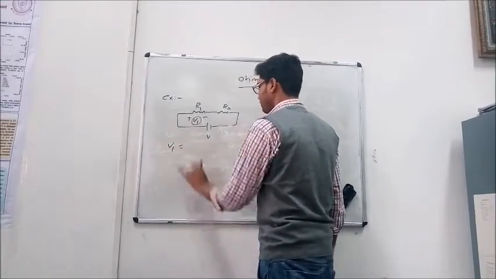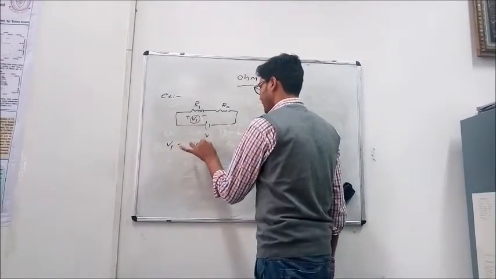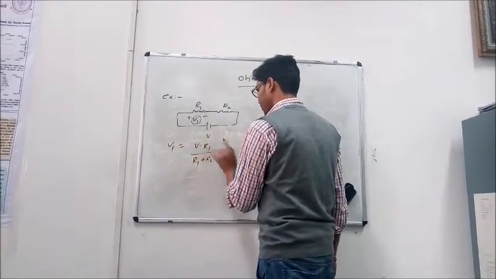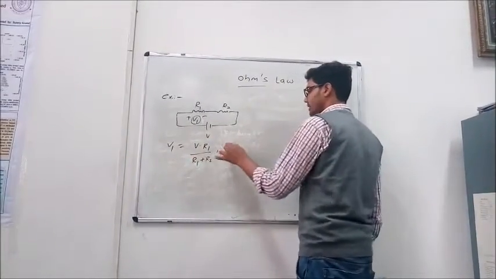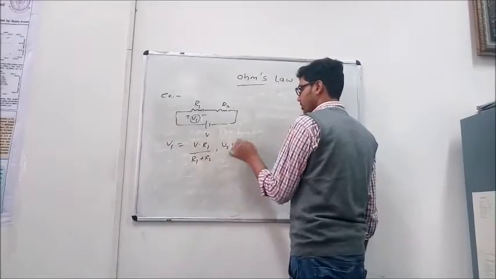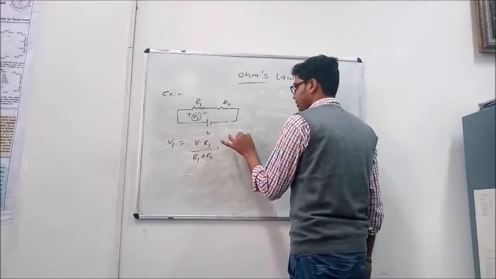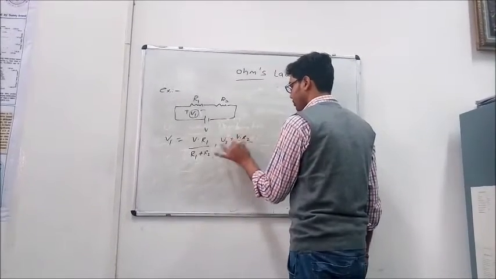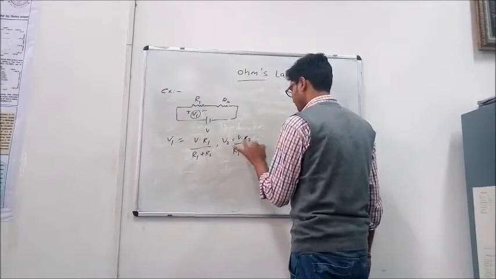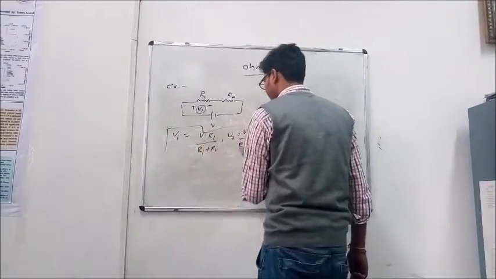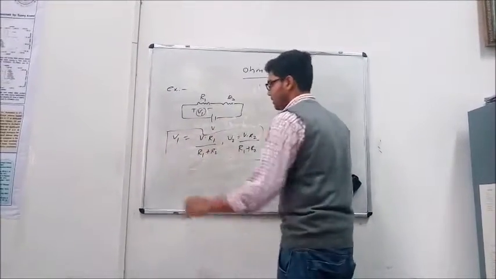So V1 equals V into R1 upon R1 plus R2. In the similar way, V2 equals V into R2 upon R1 plus R2. We can remember this and directly use it in the examples.